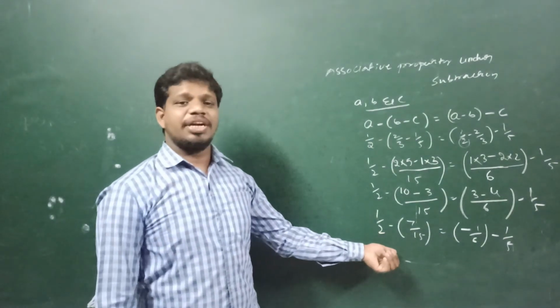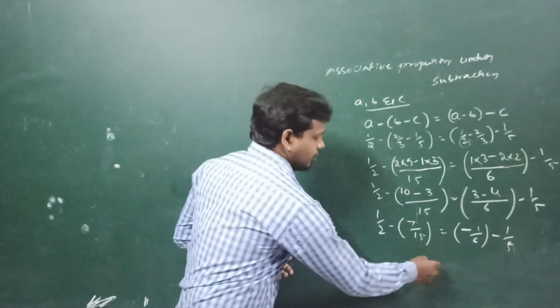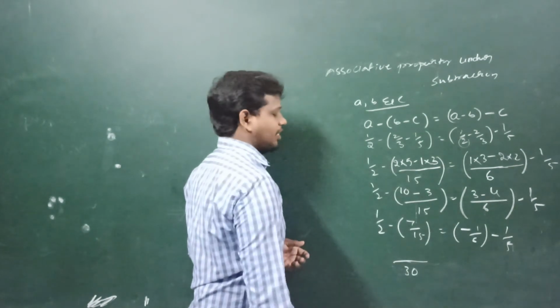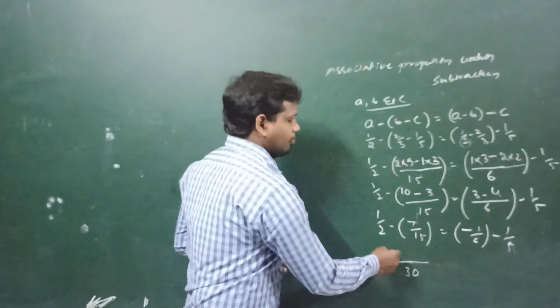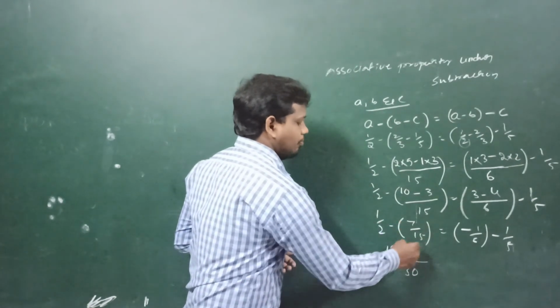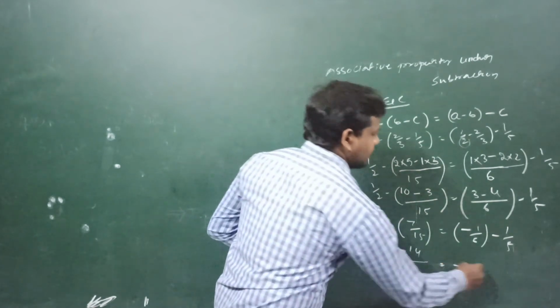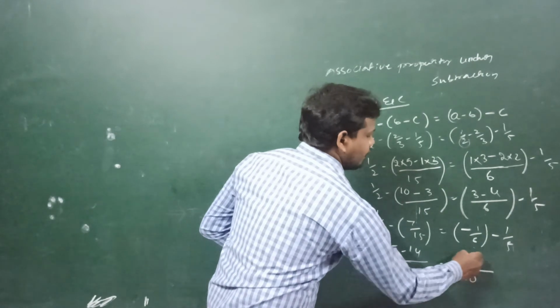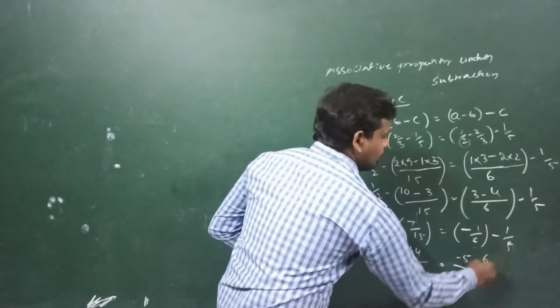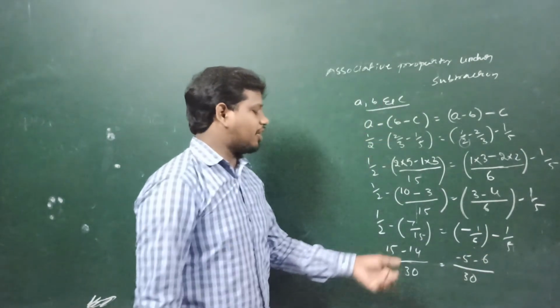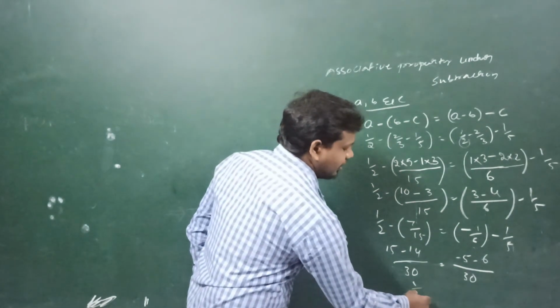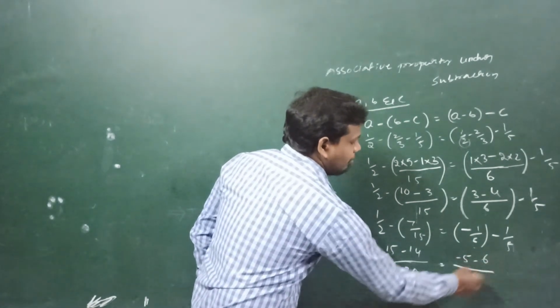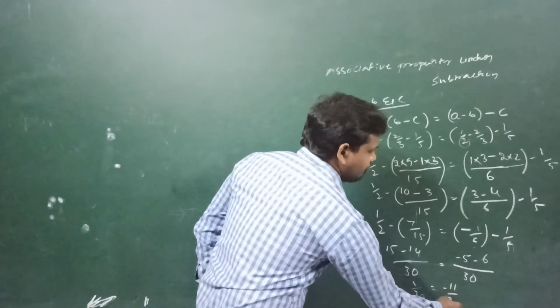Again check the denominator, unequal, same process. LCM is 30. So here multiply this one with 15, and this one with 14. Next here LCM is 30. This one multiply with 5 and this one multiply with 6. So 15 minus 14 equal to 1 by 30 and minus 5 minus 6 equal to minus 11 by 30.